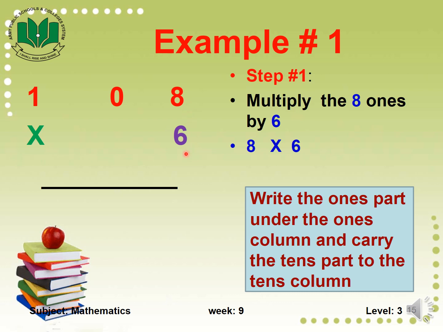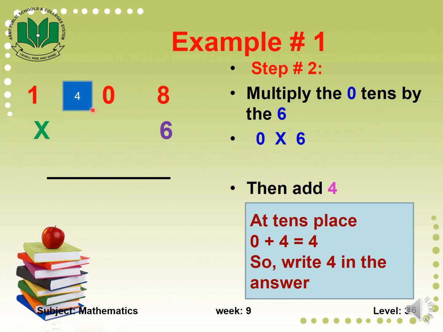We will multiply it with the number 6. First we will multiply the 8 ones by this number 6, and when we multiply 8 with 6, the answer is 48. Students, now write the ones part of this 48 under the ones column and carry the tens part of this 48 to the tens column here.